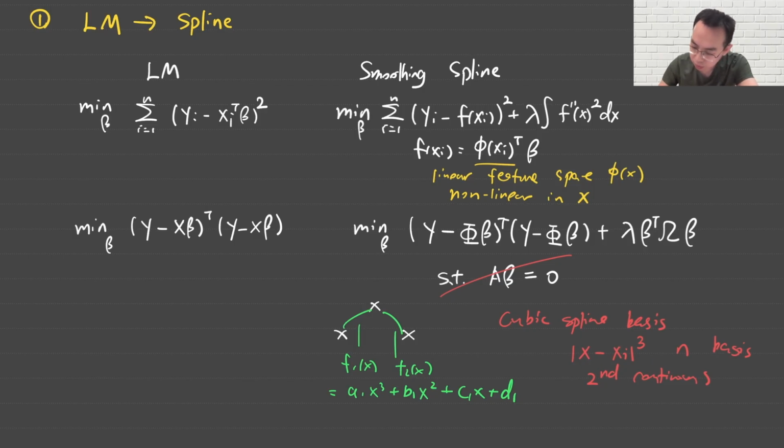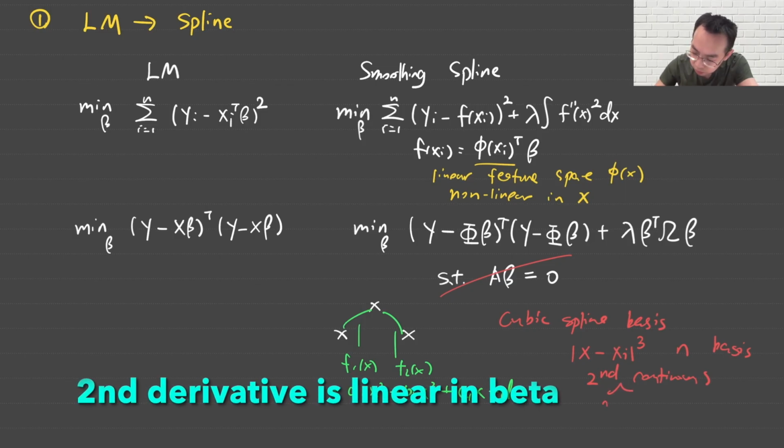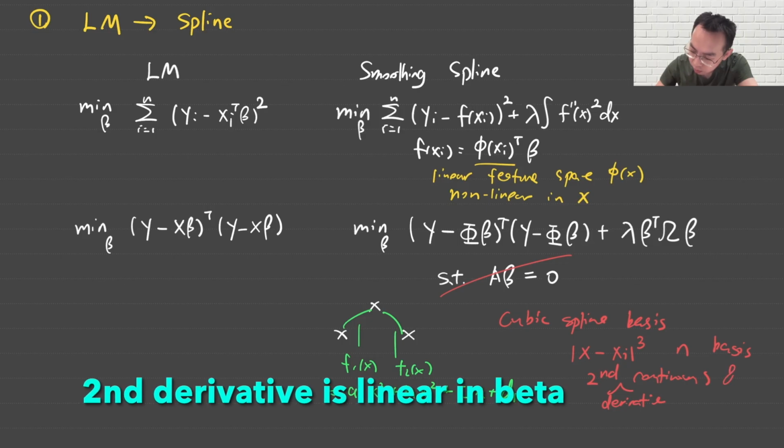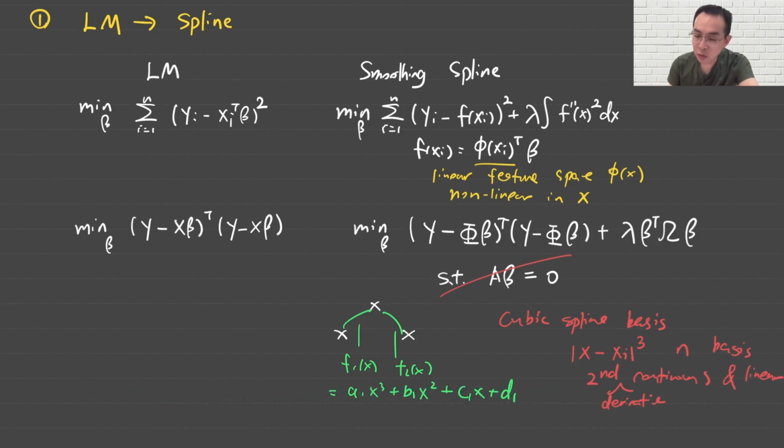So I should say the second derivative is continuous and linear. Then if we take a look at the curvature penalty, the second derivative will be linear. When we square it, that will be a quadratic function, which is exactly why we have this quadratic form here as beta transpose omega beta.